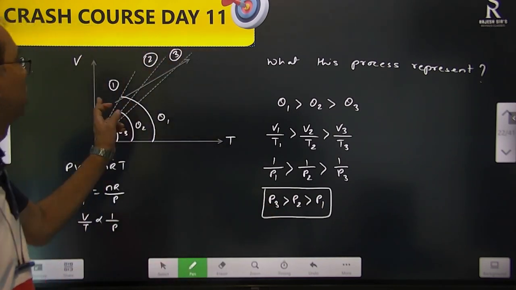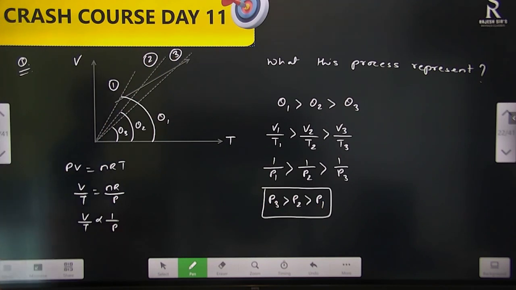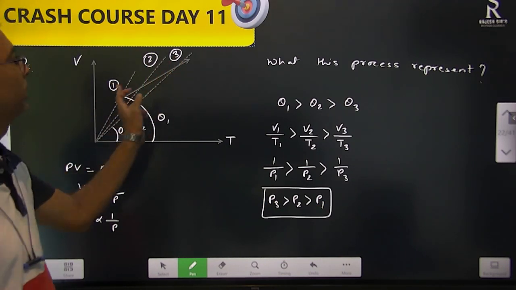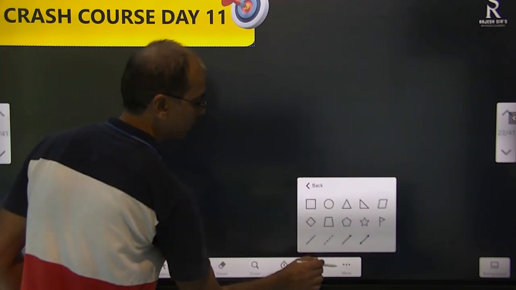P1 is the least. As you are going up here, pressure is continuously increasing. Okay, this is what this graph is representing. Right? Okay, a few more graphs we can make. VT, okay, a few more VT graphs.